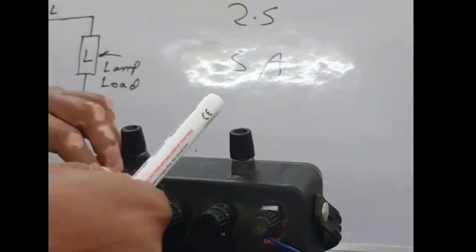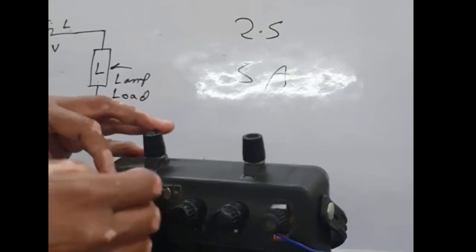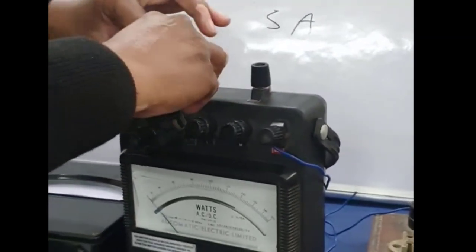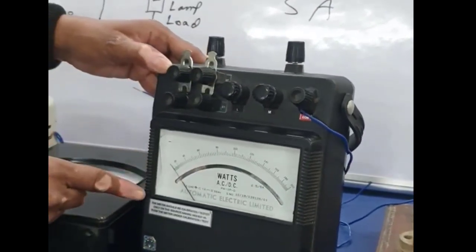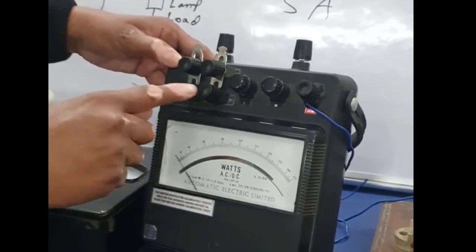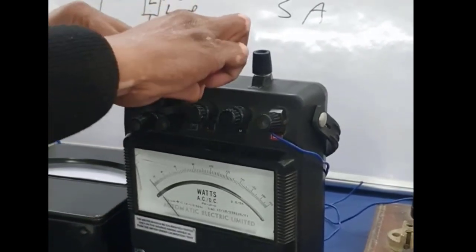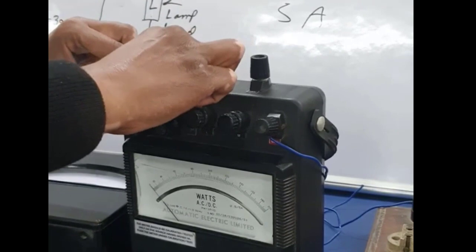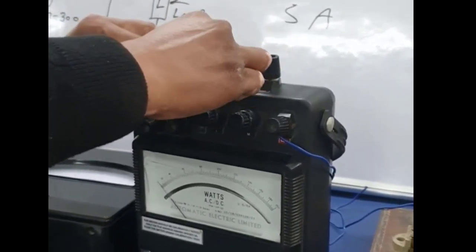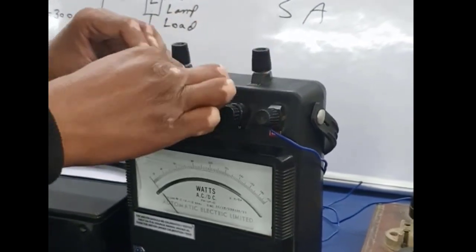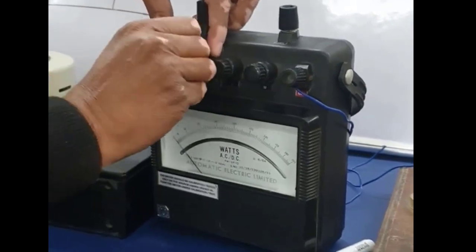And suppose we open these plates and connect them vertically like this, in that case the current coil of this wattmeter is 5 ampere. So according to our requirement, we can select the current coil range with these plates. But in this experiment, we are using 2.5 ampere. Therefore, we keep this plate in the horizontal position like this. And for the pressure coil range, we are using only 150 volts.